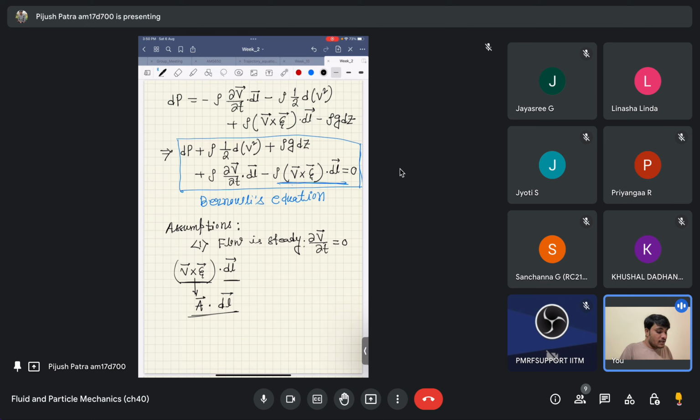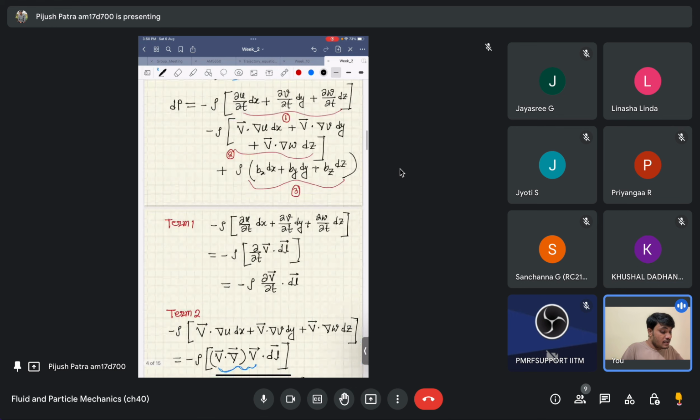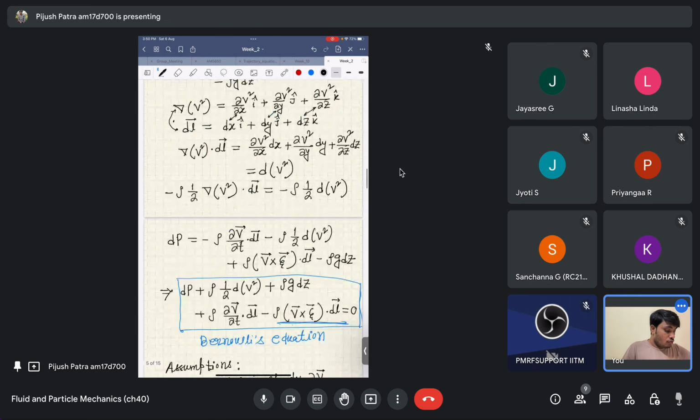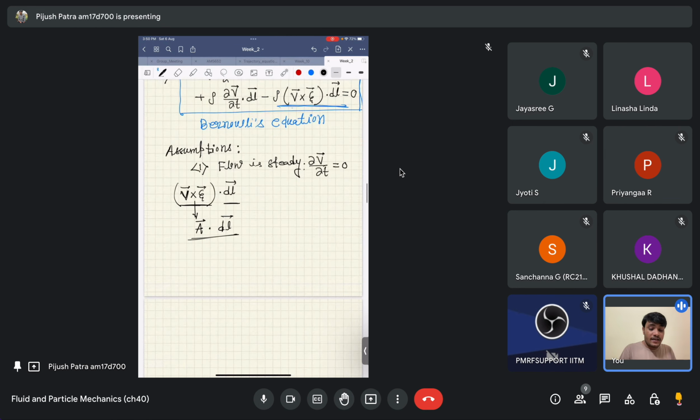The other condition is when this V and dl, the line which we discussed from line 1 to 2, are parallel. What is the definition of a streamline? If you draw a tangent at any point in the streamline, it will represent the direction of the velocity.